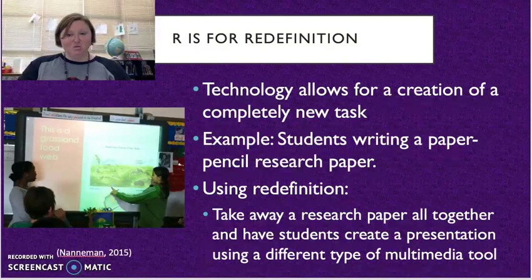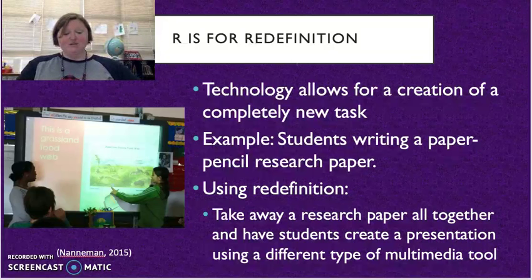So continuing with our paper and pencil research paper, with redefinition, what we might do is we take out the research paper altogether. Instead of having our students write something, we have our students make a presentation. Maybe they make a PowerPoint over somebody, or they make a movie about the War of 1812. Or they make a Prezi about the aspects of life in Japan.